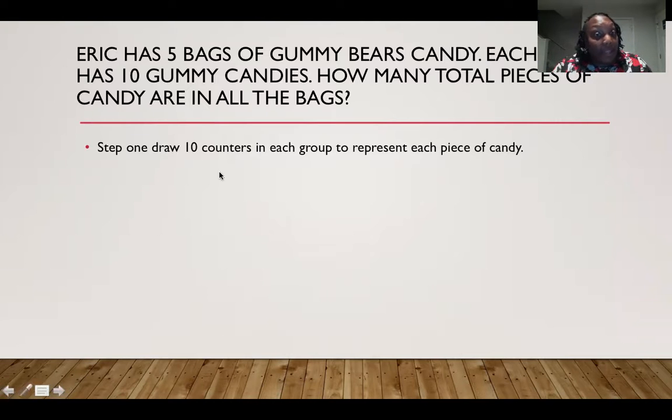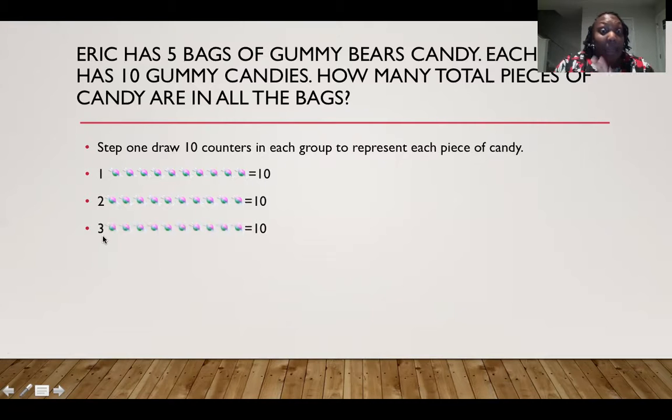So here's how I did it. I used candy. When we look at my first bag of gummy candies, I have 10 pieces of gummy candies. And when I go to my second, I have 10 pieces in this one as well. I have also a third bag that also has 10 gummies in there.